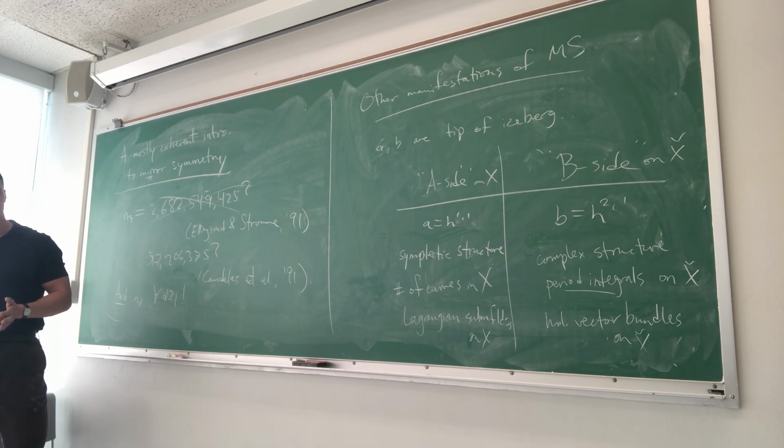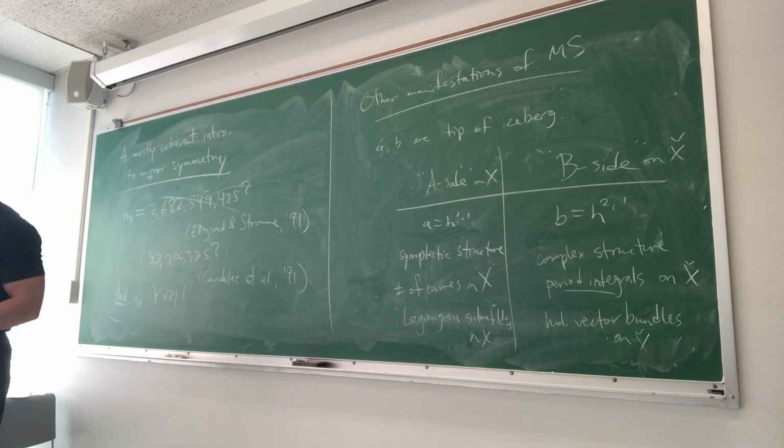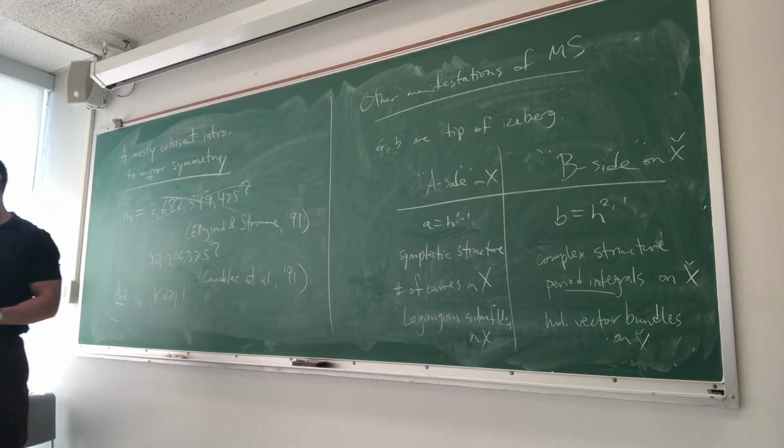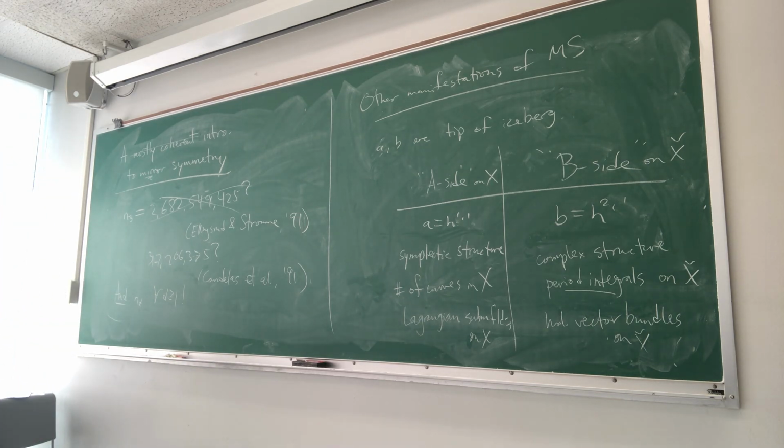I'm wondering if similar symmetries exist in other dimensions. Yes, they do. For K3 surfaces, the first line maybe doesn't make sense because you don't have enough wiggle room. And this shows how little I know.